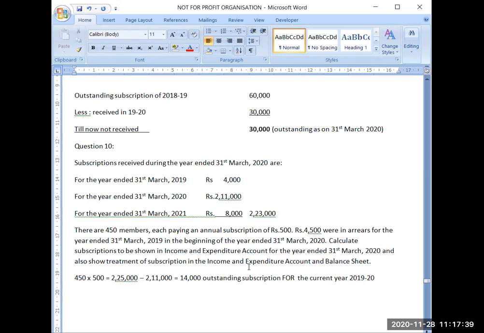I am asking the total amount of subscription outstanding last year. Yes, it was 4,500. It is mentioned here, rupees 4,500 were in arrears for the year ended 31st March 2019. And out of this 4,500, we have received only 4,000.